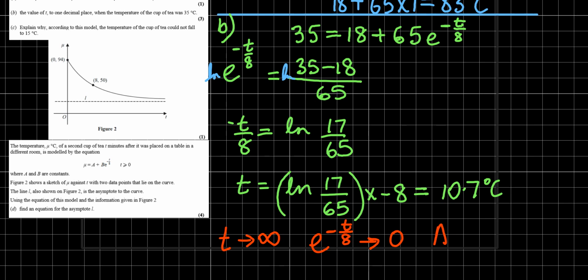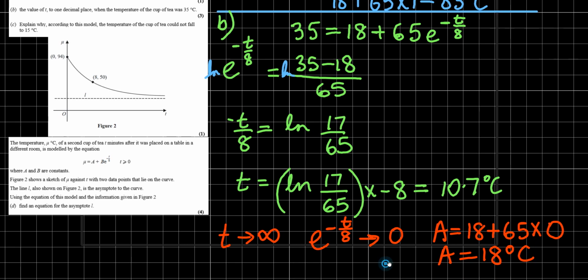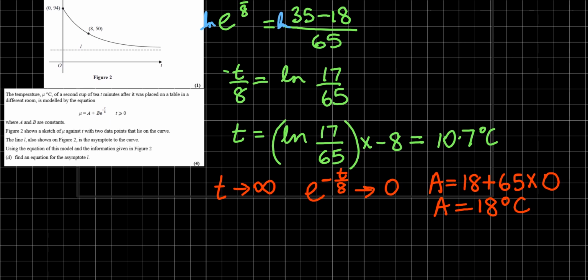So we would have A is 18 plus 65 times 0. So therefore A is going to just be 18 degrees. Now as you can see, it means that the asymptote is actually close to 18. So we could say that it would not go below 15 degrees because at that point A is always going to be around 18 degrees.